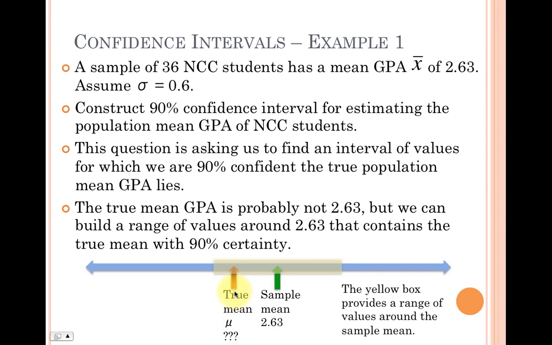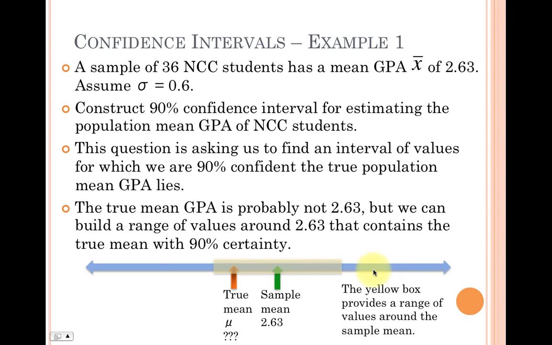Now, it may be the case that the true mean is over here or over here, and that our yellow box fails to capture it. Now, that's going to happen if we construct a 90% confidence interval. That's going to happen 10% of the time, that the true mean is going to fall outside of the yellow box.